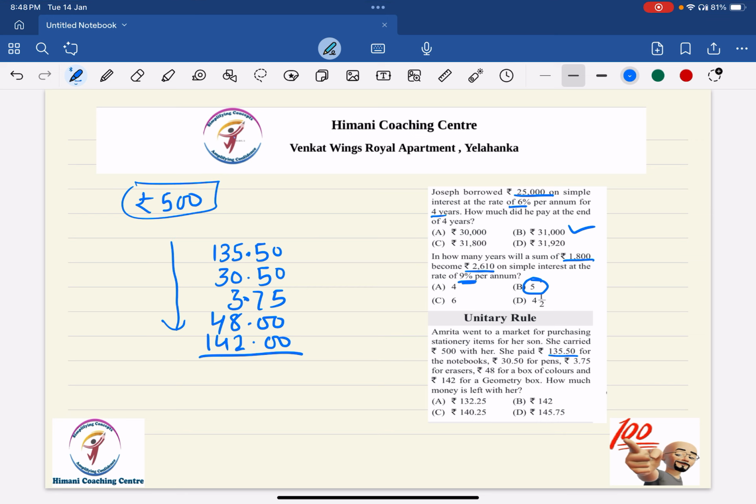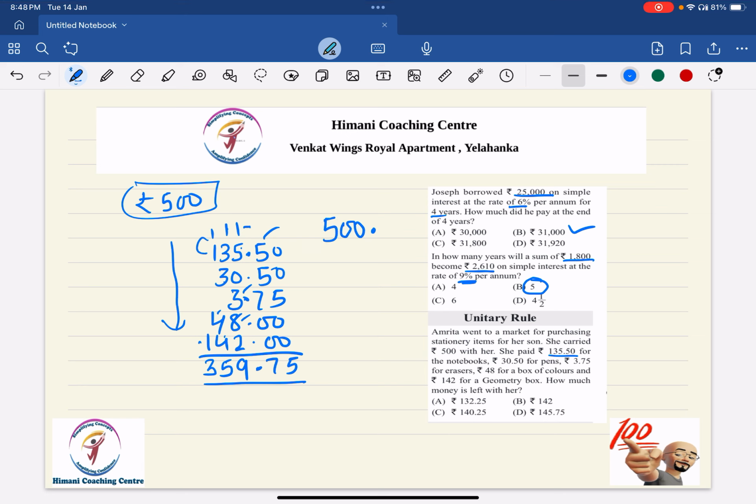She has spent all of this, so we should find the sum of this and subtract it from 500. 5 and 5 is 10, 10 and 7 is 17, 1 carry over, 5 and 1 is 6, 6 and 3 is 9, 9 and 8 is 17, 17 and 2 is 19, 1 carry over, 3 and 1 is 4, 4 and 3 is 7, 7 and 4 is 11, 11 and 4 is 15, again 1 carry over, 1 and 1 is 2, 2 and 1 is 3. So she has spent 359 rupees 75 paisa out of 500.